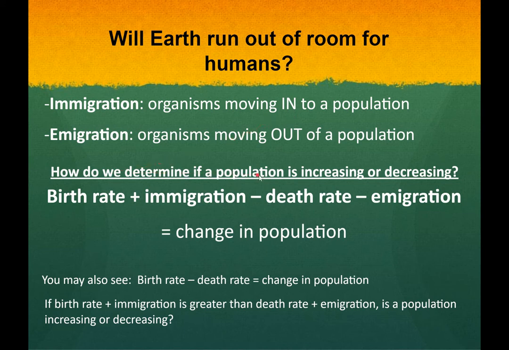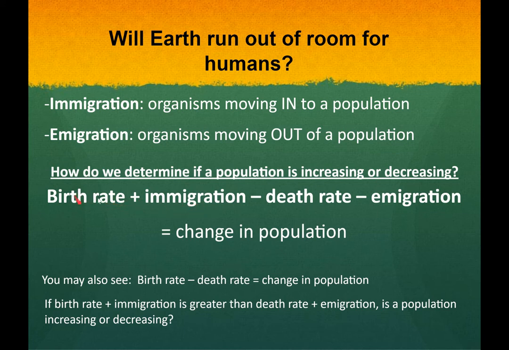So we can determine if a population, either of humans or rabbits or beetles, is increasing or decreasing by looking at the change in population. This is calculated by the birth rate plus your immigration number.